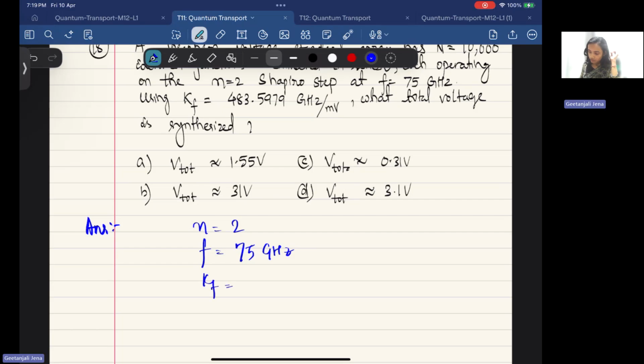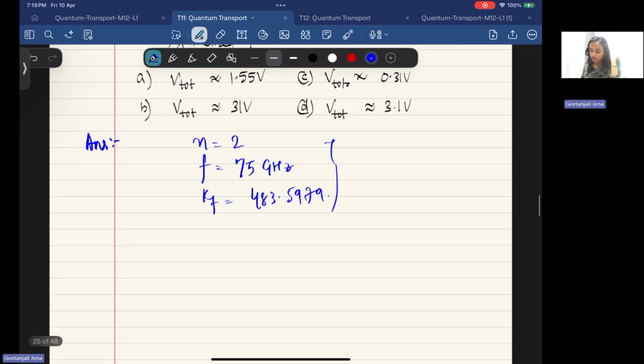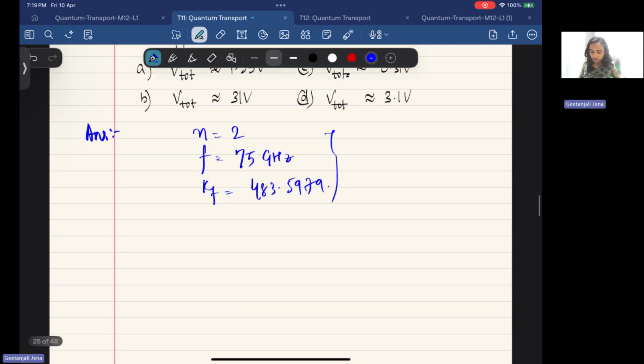And 483.597 from this relation, we can calculate the voltage produced across one voltage standard, which is Vn.